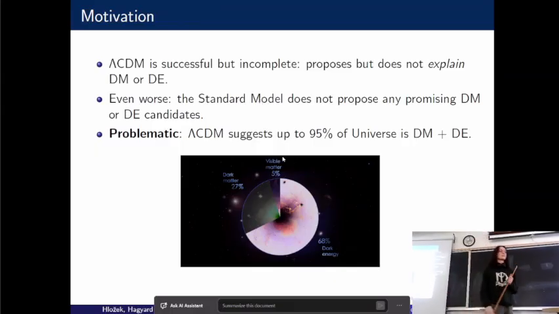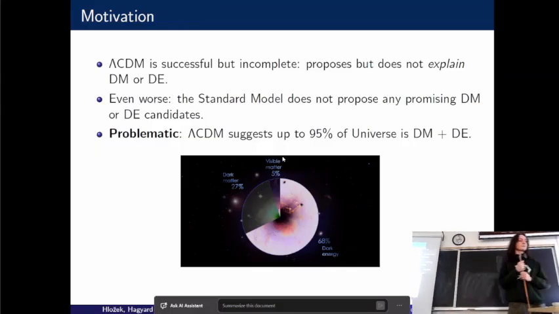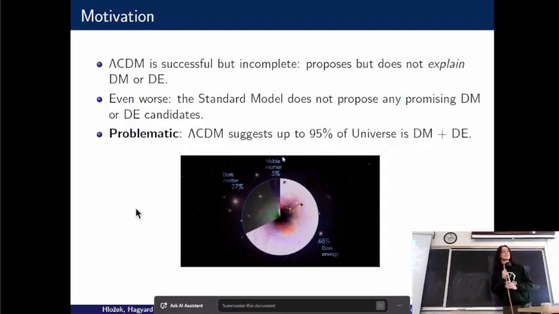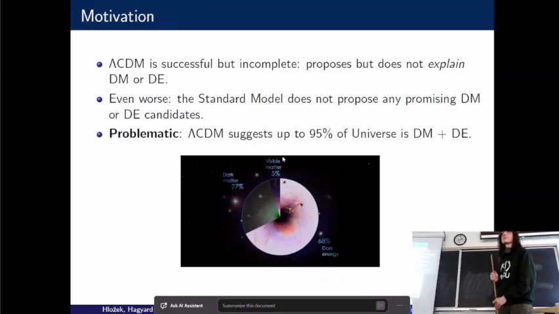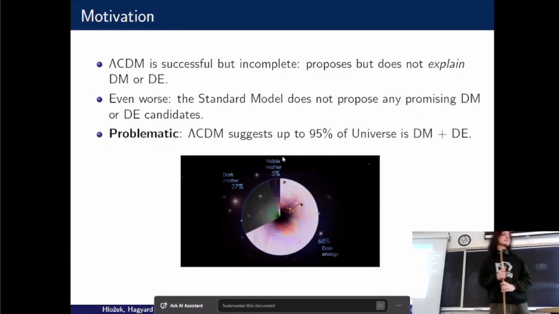So there's a bit of an inconsistency between how the particle physics model describes the universe and how Lambda CDM does. So, for all the successes that we've had with describing the universe with Lambda CDM, it's incomplete, and so is the standard model.